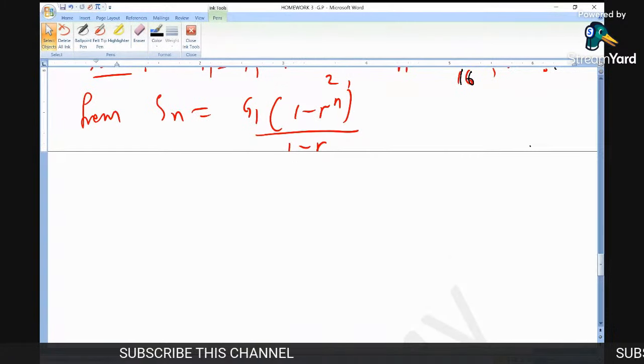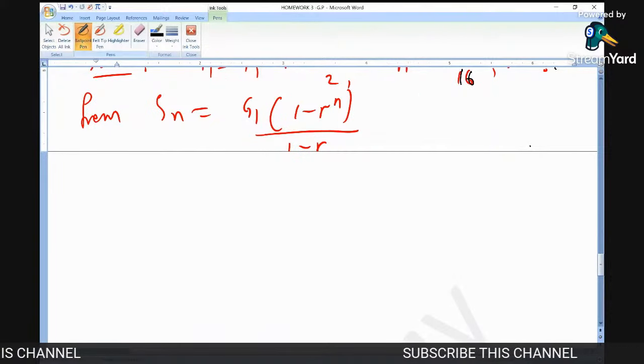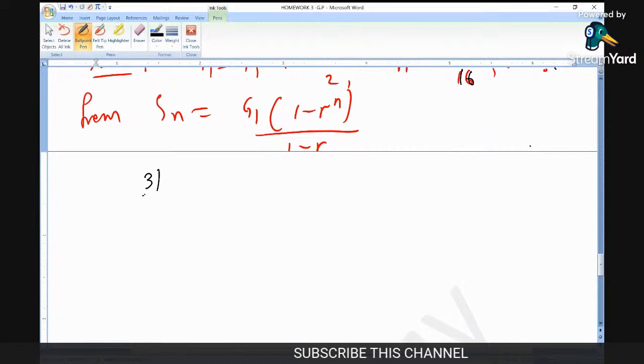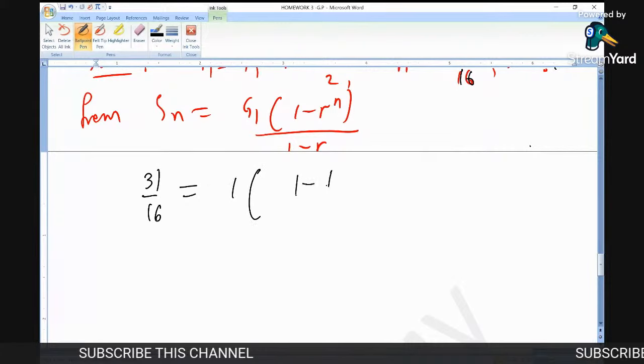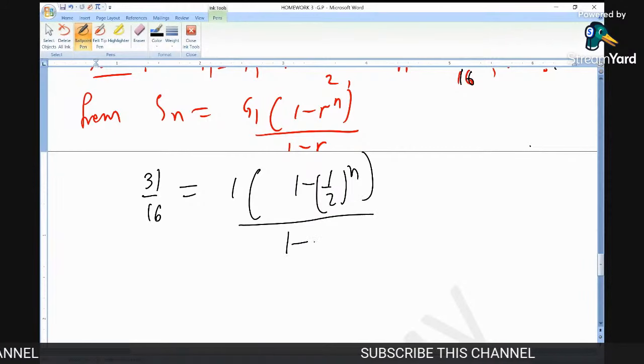So from there, we are going to say that 31 over 16 equals 1 in the bracket 1 minus 1 over 2 power n over 1 minus a half.